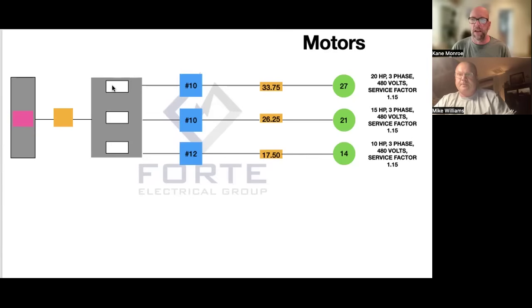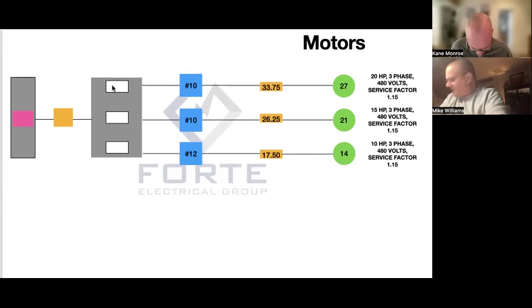Now we take that 47.25 to 240.6 to look for your overcurrent protection. Why does this chart confuse the daylights out of me?